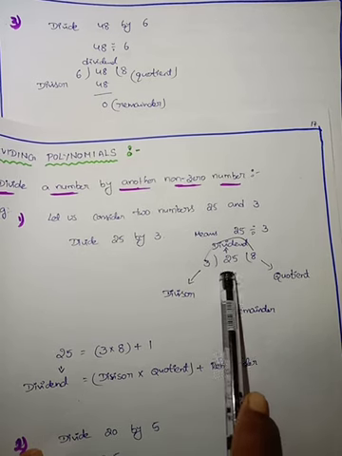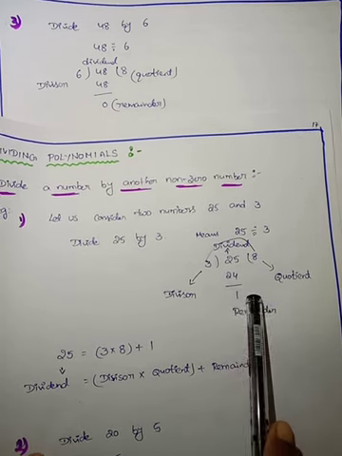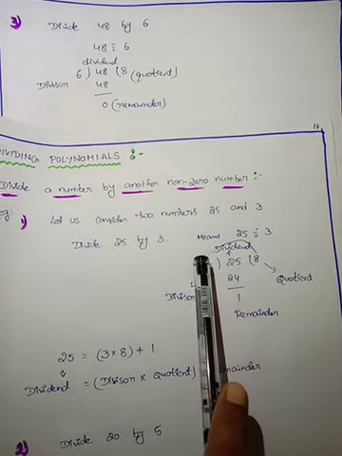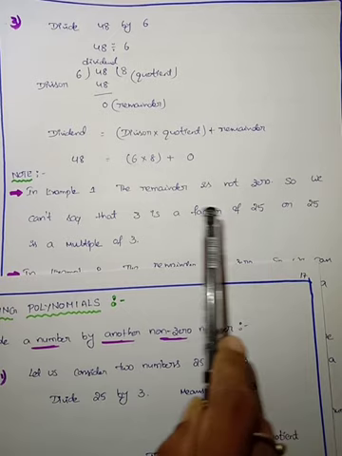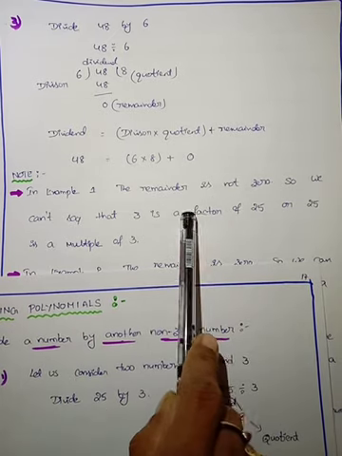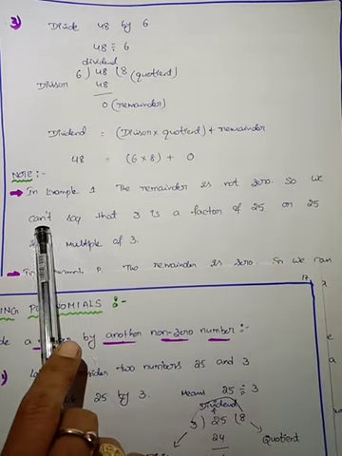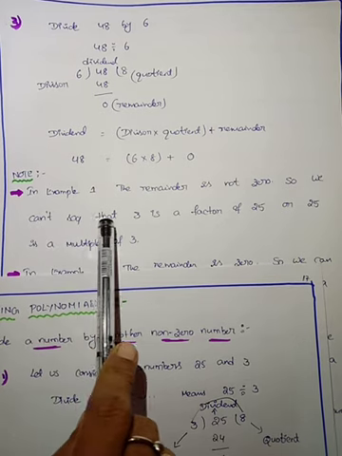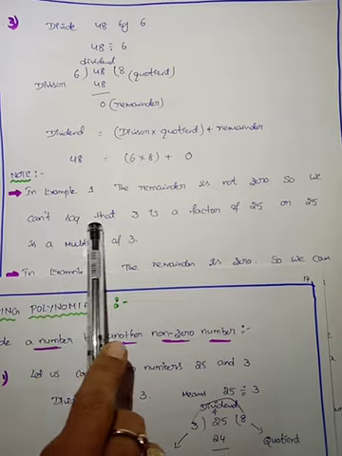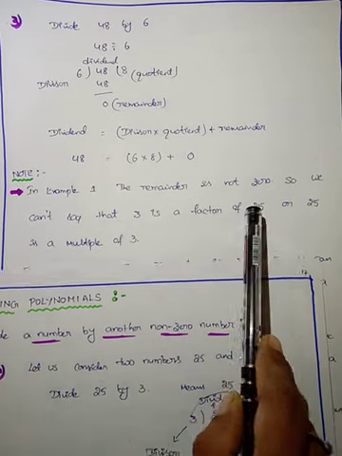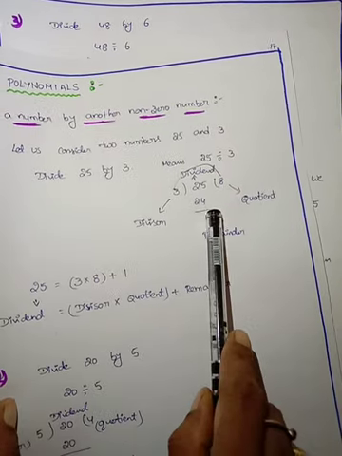There is a remainder 1, not 0. Does that mean 3 is a factor or not a factor? Not a factor. We can't say 3 is a factor of 25 because the remainder is not 0.